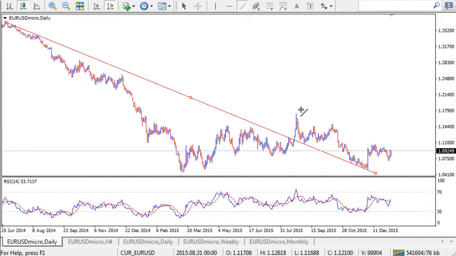However, it is very premature for now to say something like that, because as you can see, there are several technical levels that are pressing the euro to move lower from here.